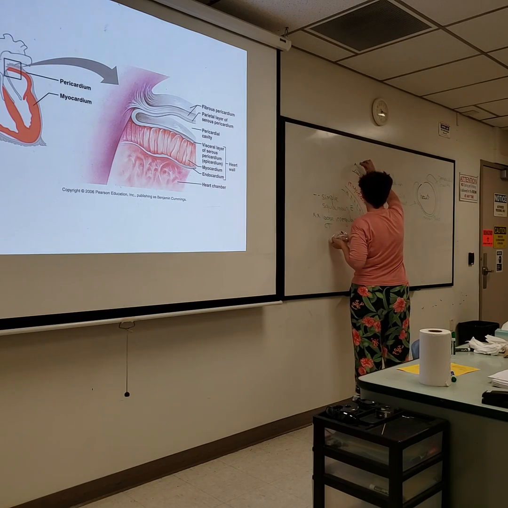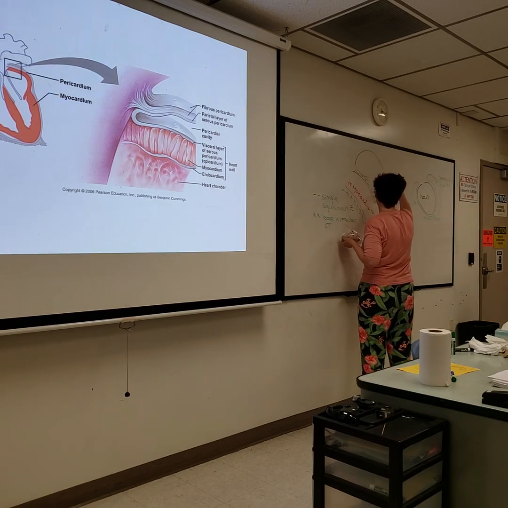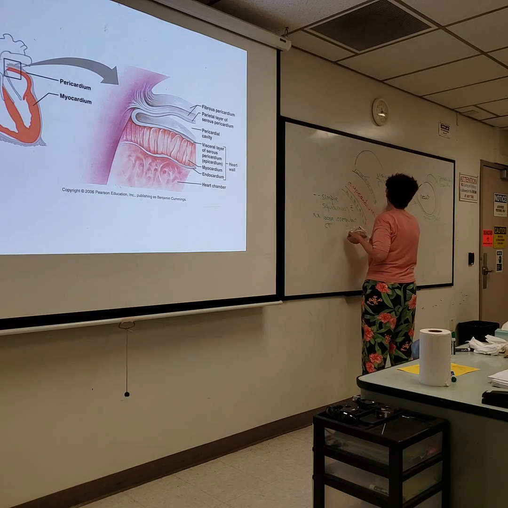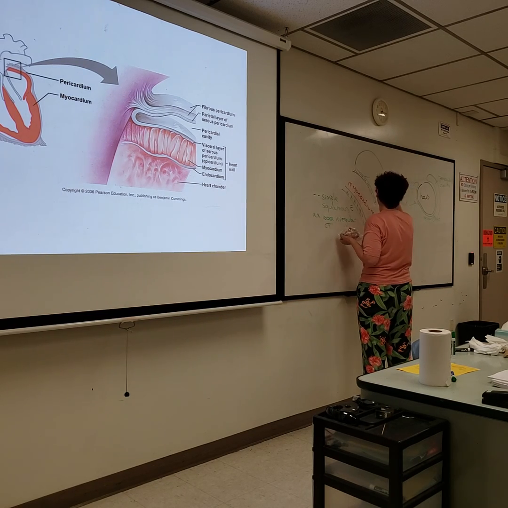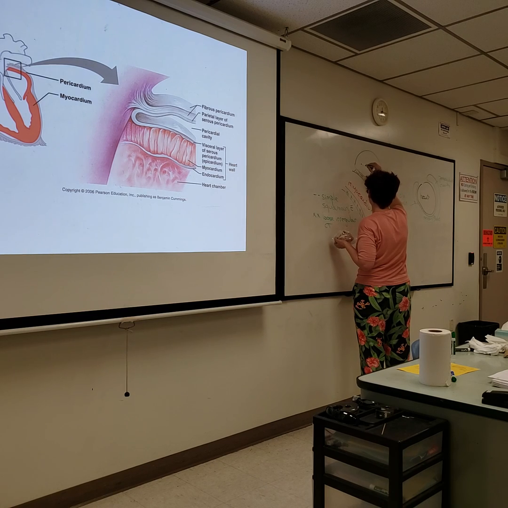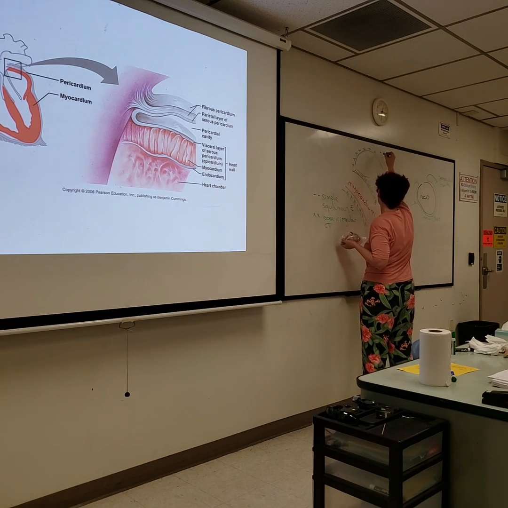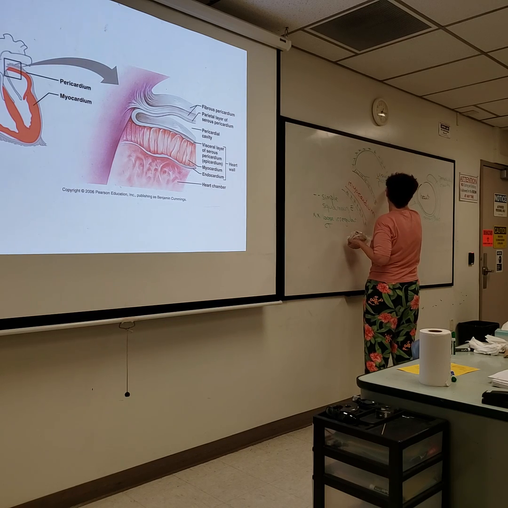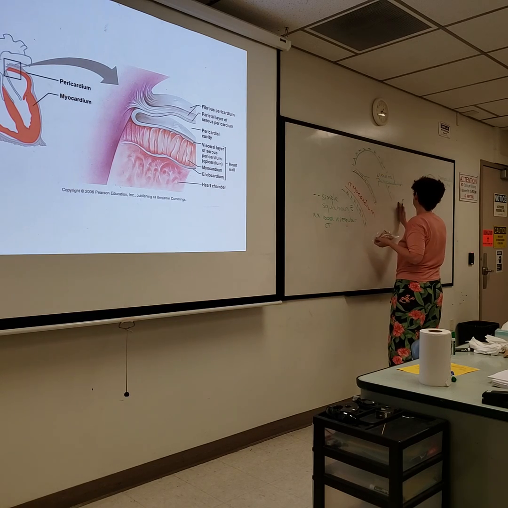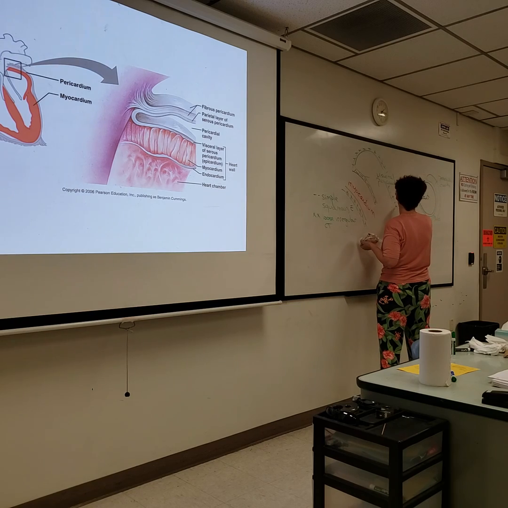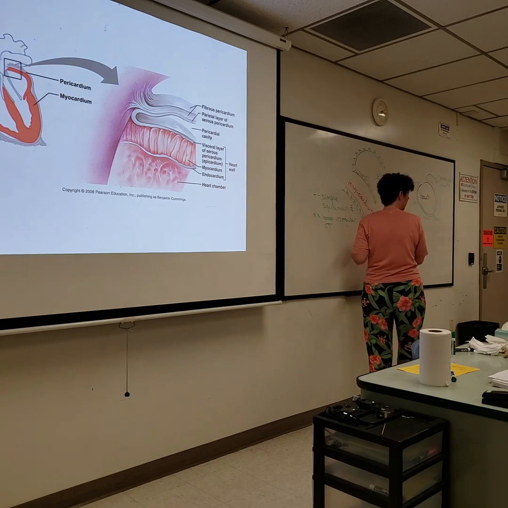Then it curves back on itself, and I'm exaggerating the space. Still simple squamous epithelia, but now the connective tissue is on the outside, facing outside, attaching it to the diaphragm.